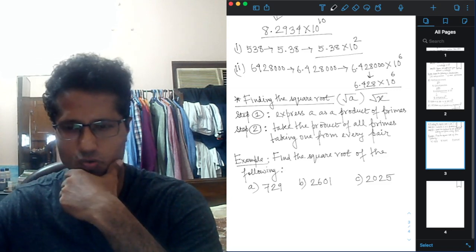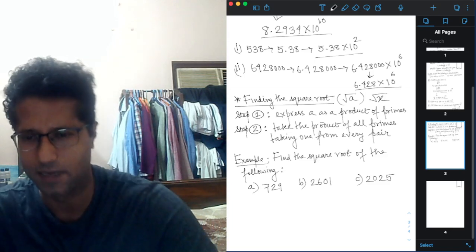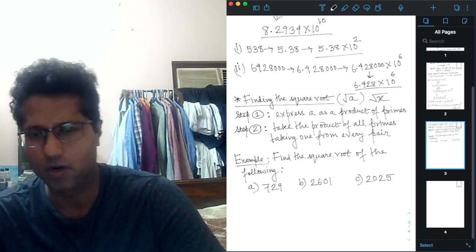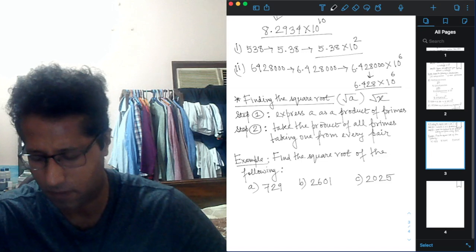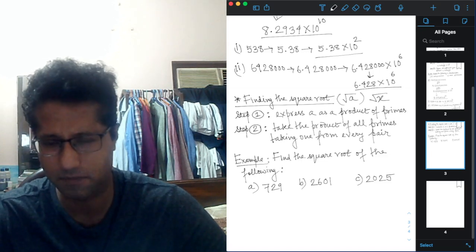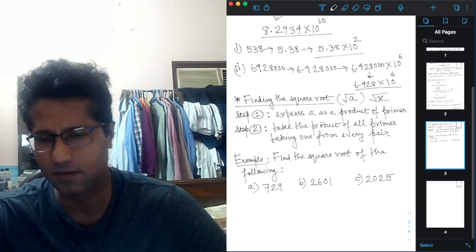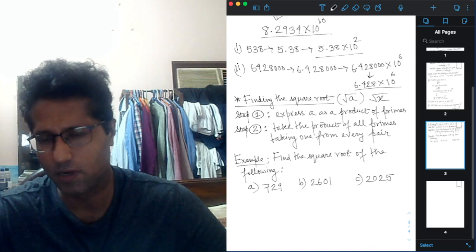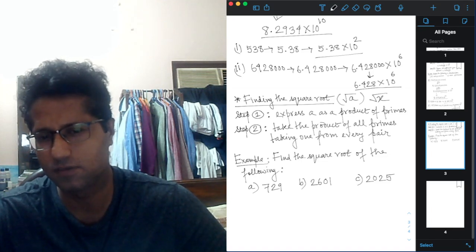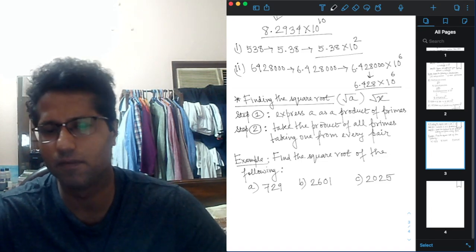First, you factorize the given number, a or x, as a product of primes. You know that every number can be expressed as a product of primes. So you find all the prime factors of the number, and from all the prime factors you take the product of all unique primes, taking one from every pair.